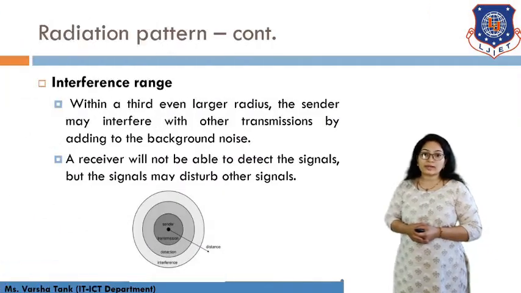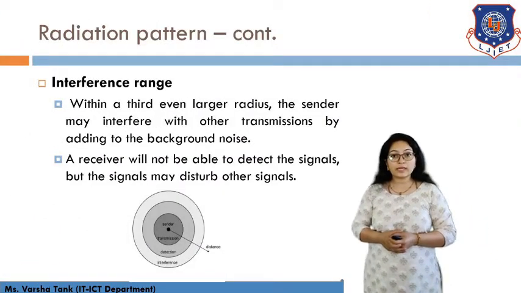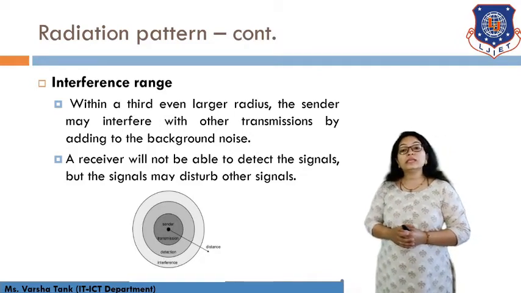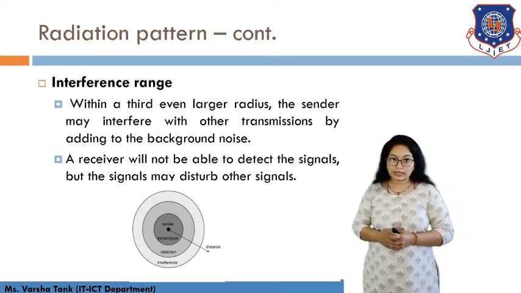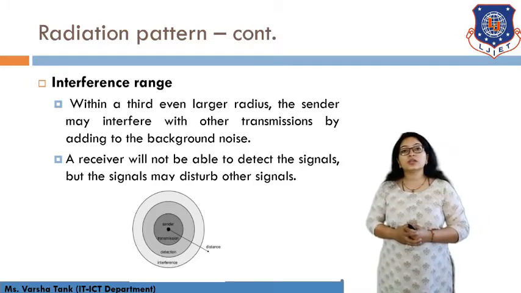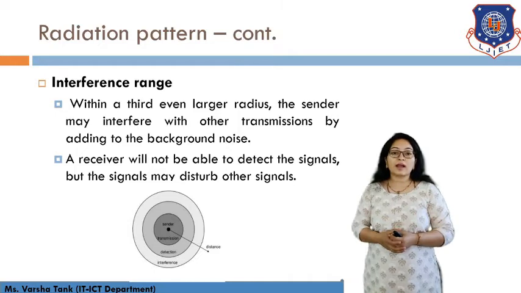Now let's have a look at the third range of the radiation pattern, the interference range. Within the third, even larger radius, the sender may interfere with other transmissions by adding to the background noise.